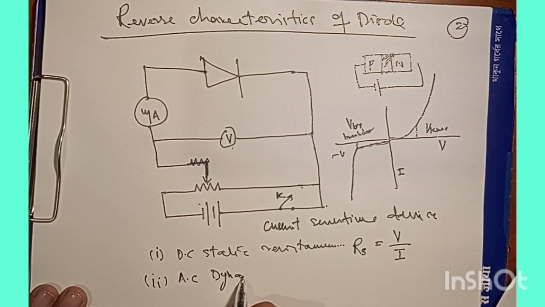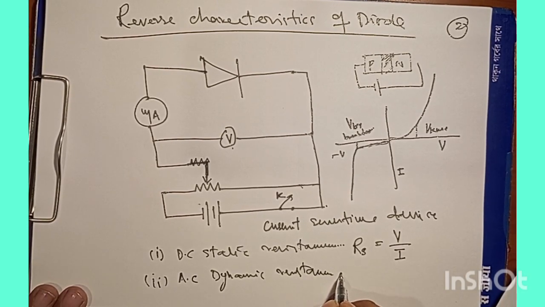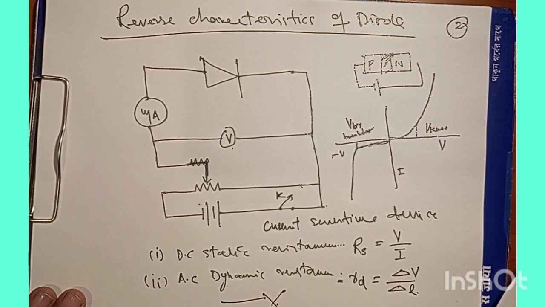So we talk of two types of resistances in the case of a PN junction, and this is written as RD. This RD is the change in the potential difference across the PN junction divided by the change in the current.